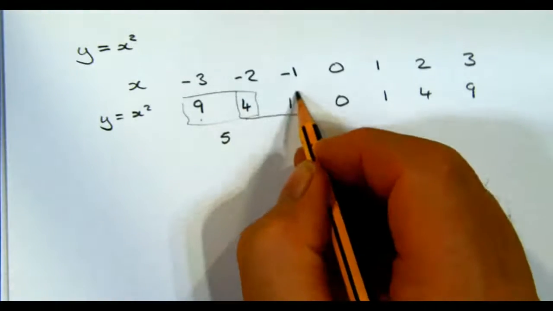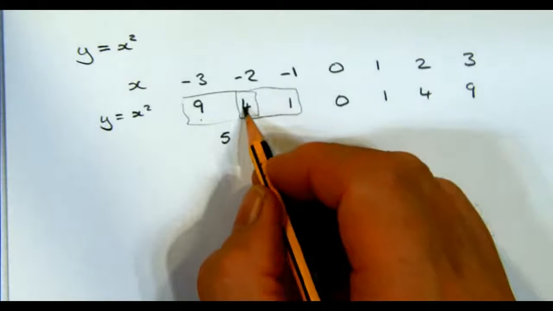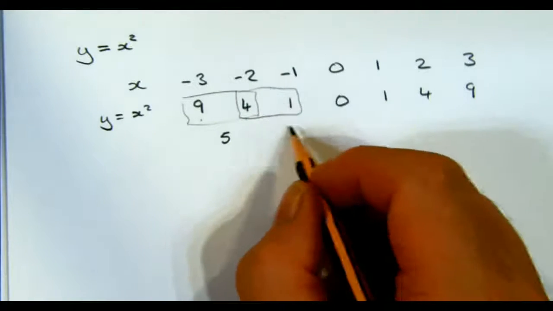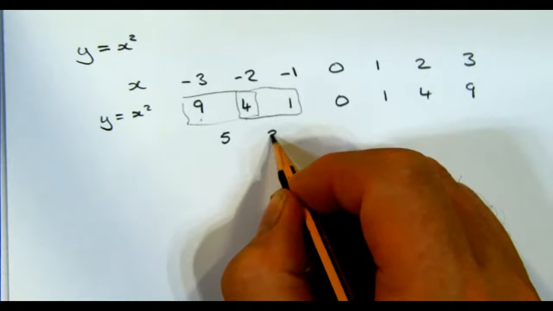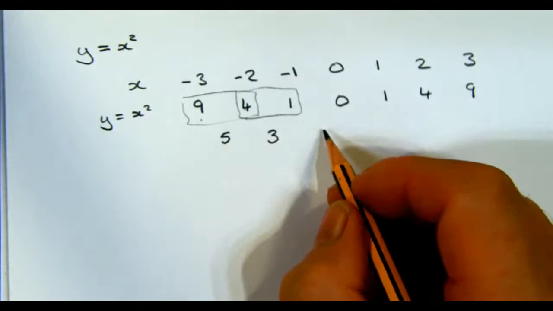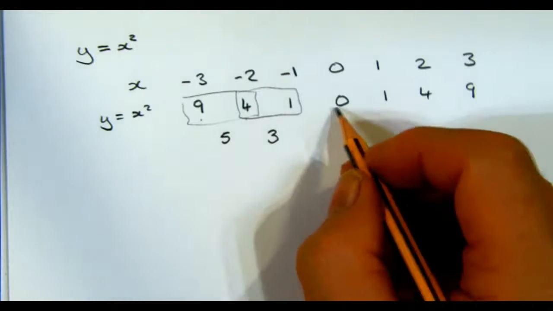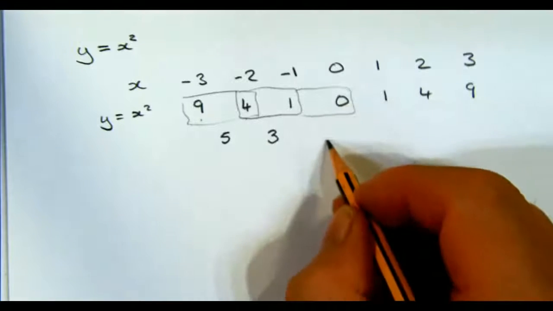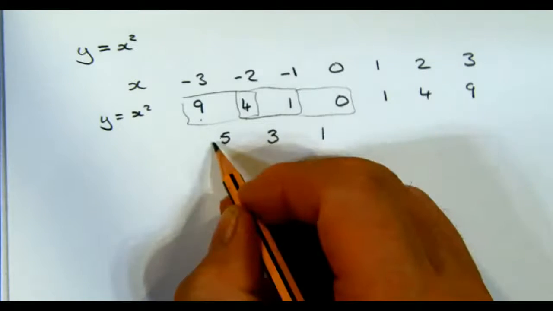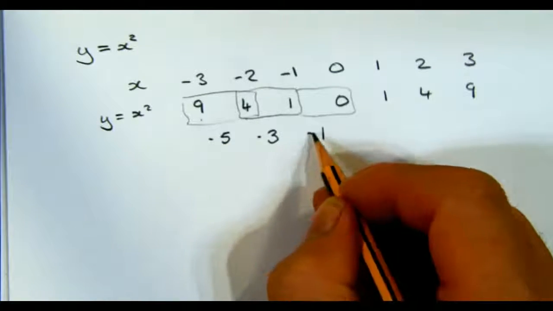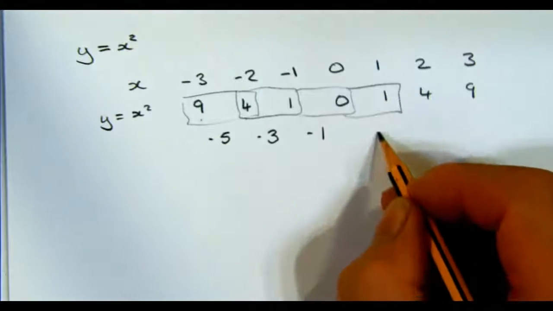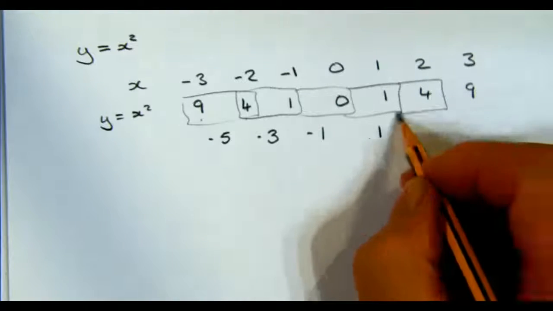But if we look at the next two, from 4 to 1, it's reducing by 3 units. And then we look at this, it's 1 unit, so it's reducing by 1. And then it's going back up again.